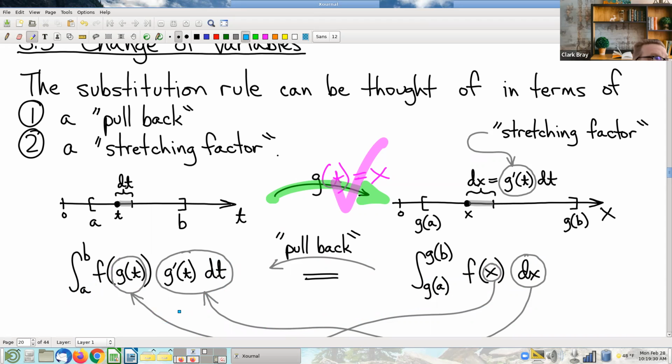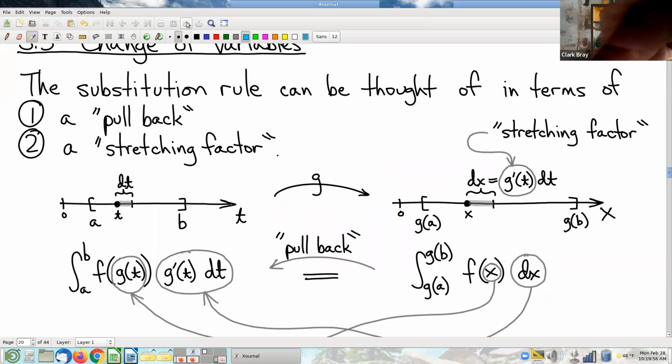And the one thing that's tough on this picture, though, is the question of, okay, well, what's the deal with dx? How do I plug in for dx? And again, I don't want to take an algebraic point of view on this, right? We know how to write the symbols down. But what is dx, and how can I think of that geometrically? And the argument is to say, well, I know what functions do to points.